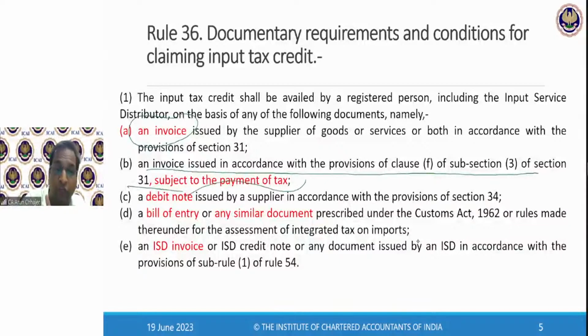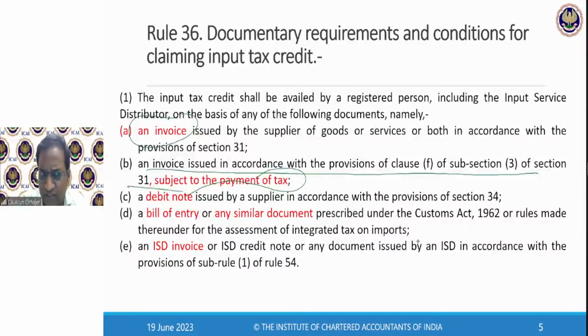Subject to payment of taxes. It means the invoice issued in accordance with the provision of clause F, subject to the payment of the taxes. It means you can take the ITC only when you make the payment.